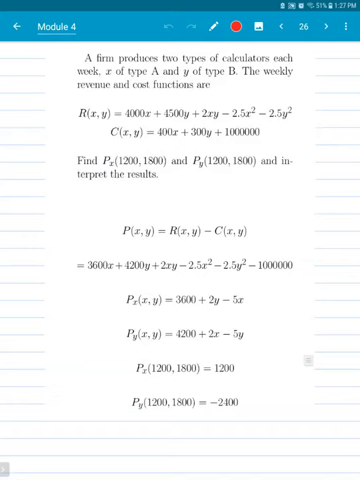With respect to y, negative 2,400. Let's interpret the results. Now, how do you interpret this one? Would anyone like to recite? Because in the exam, I might ask you to interpret the results, and greater weight might be given to that. So you may want to try.